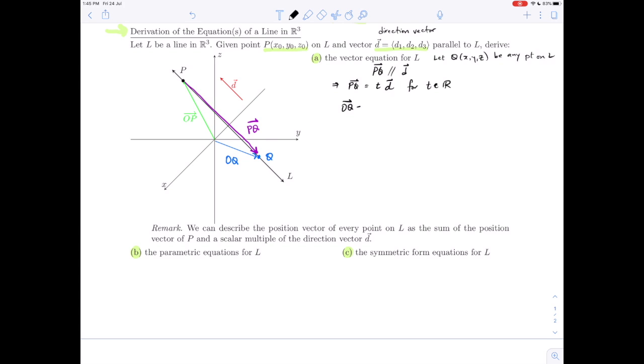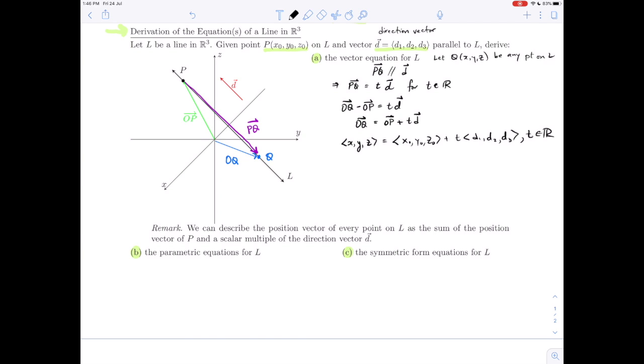So we have PQ is OQ minus OP has to be t times D. And if we solve for the unknown point, any point OQ, or the position of OQ, in terms of the given information, we have this, which tells us that x, y, z is equal to x0, y0, z0 plus t times d1, d2, d3 for some t in R.